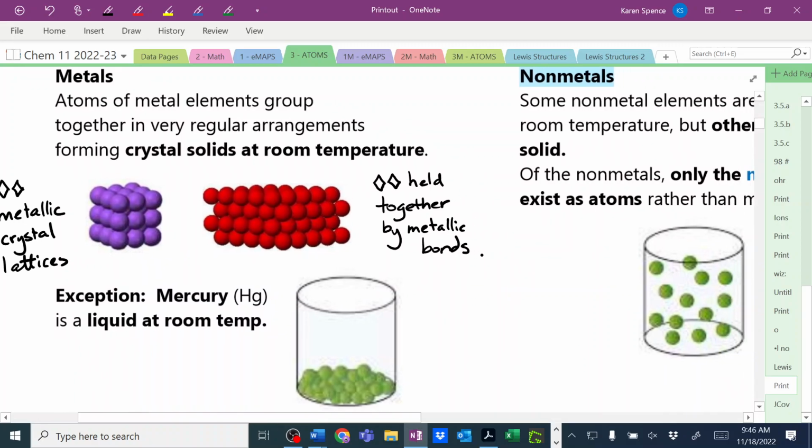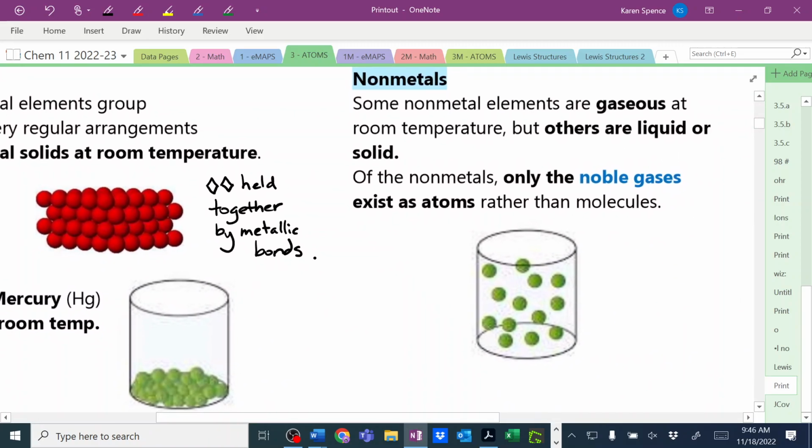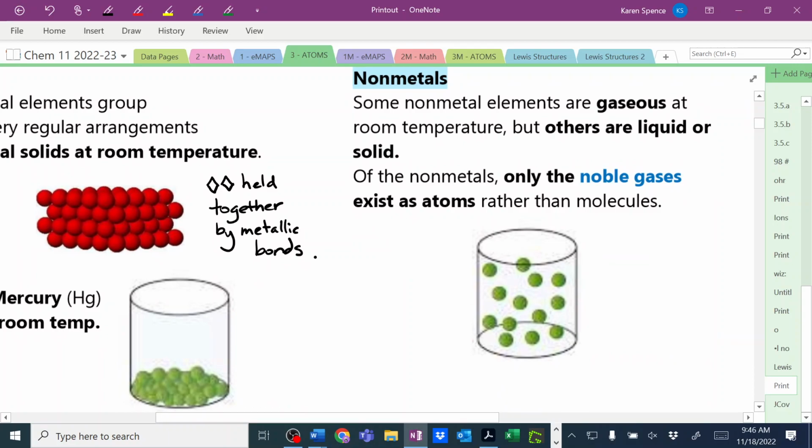Nonmetals, if you remember, what states are nonmetals? Nonmetals are solids, liquids, and gases. Who's the only liquid? Bromine, okay? So this here would be a noble gas, because the other ones that are gases are not monatomic.